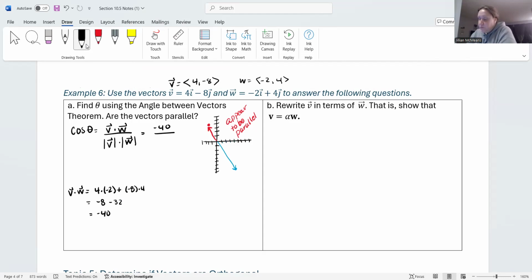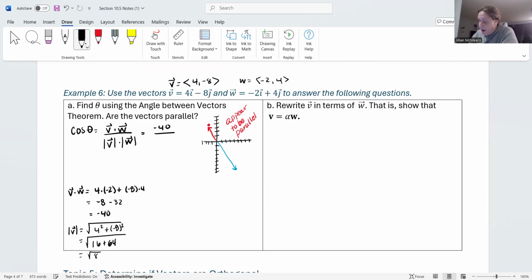Okay? Now I want to find the magnitude of v and the magnitude of w. So let's start with v. So the magnitude of v, remember, is going to be the square root of the a component squared plus the b component squared. So that's going to be 4 squared plus -8 squared. So that is going to be 16 plus 64. So that's what, 80?